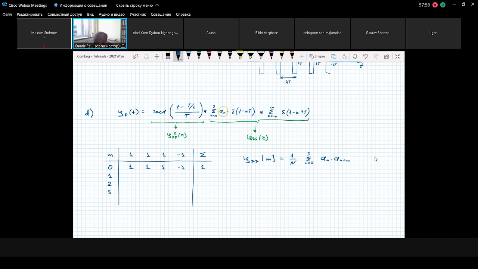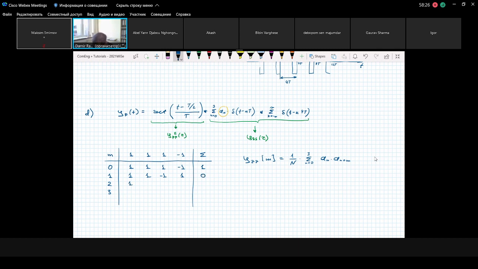Then we have 1, 1, minus 1, and previously we put 0, but now we put 1 because we have a sample from the next period. If we calculate the element-wise product and summation, we have 1 plus 1 minus 1 minus 1. The result will be equal to 0.